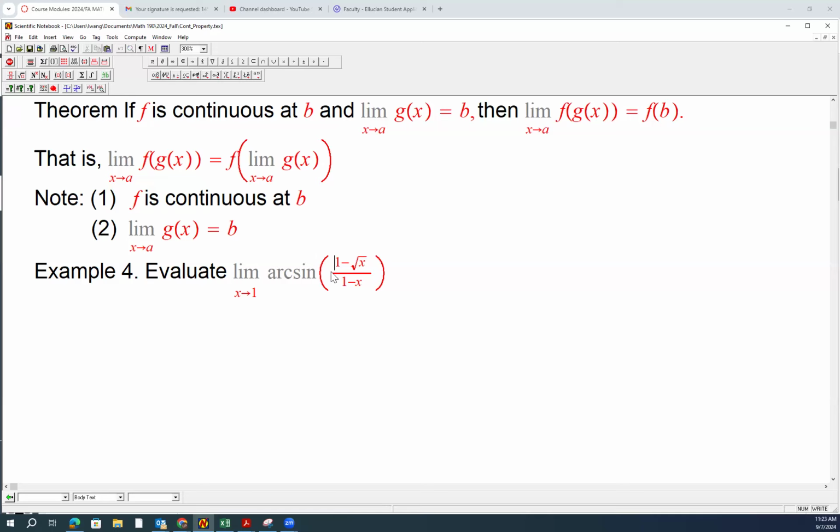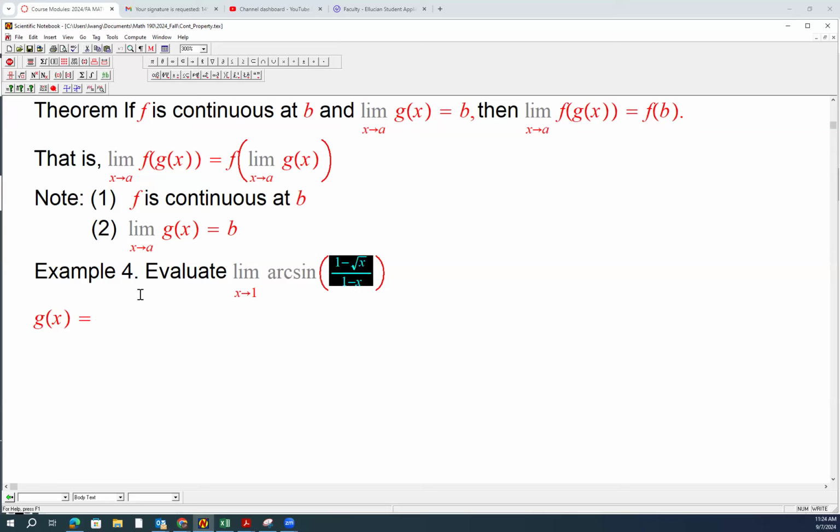The question is, if this is the f, and the g is the function inside, does this function have a limit? In order to do that, we can assume g of x, if you like. You don't have to introduce g if you don't want to.